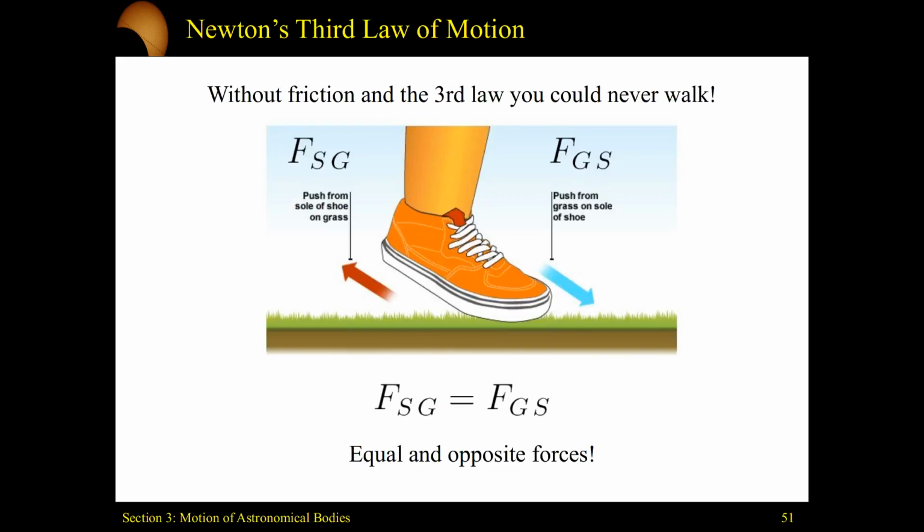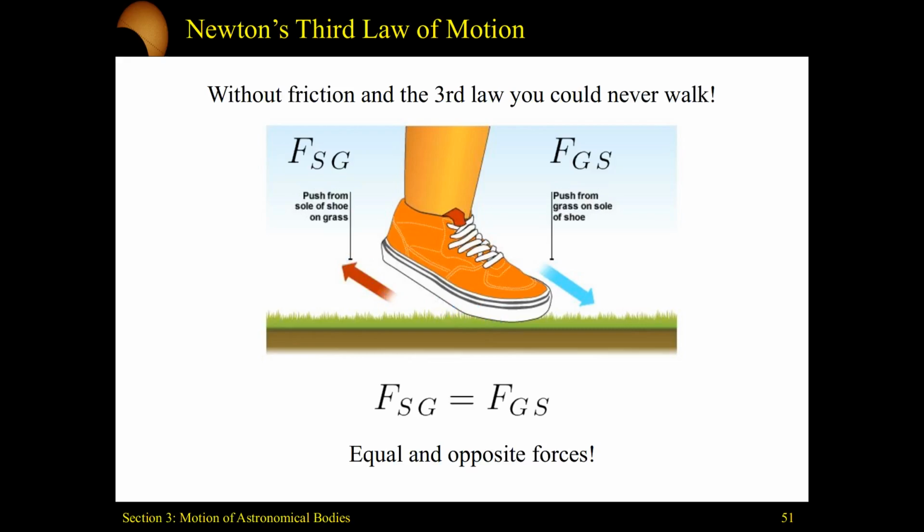Continuing with this type of logic: without friction and the third law, you could never walk. Here's the setup. You have the force of your shoe on the ground and the force of the ground on the shoe, the ground on you. When you take a step, you're applying a force. You are trying to push the ground that way.